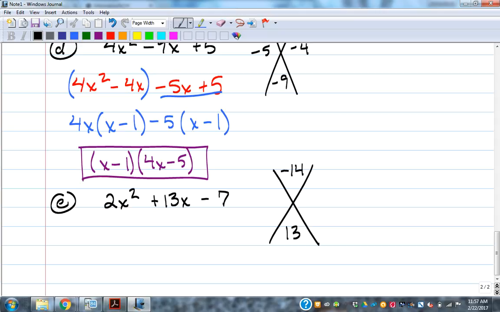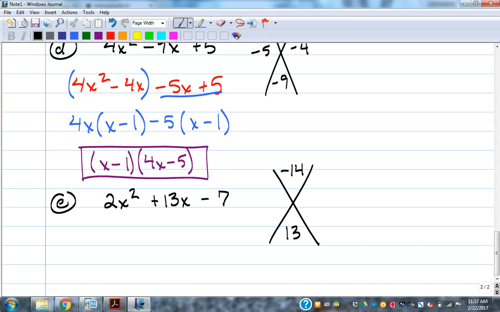So what things multiply to be 14? 7 and 2. So if I make the 7 negative, -7 plus positive 2, is that 13? No. If I make the 2 negative, what's 7 plus -2? Positive 5. That's still not 13.